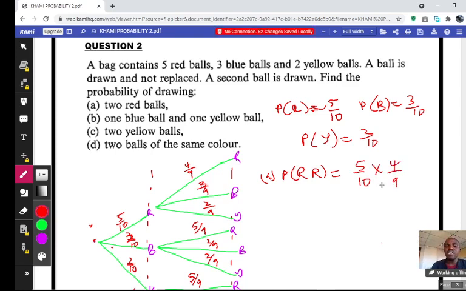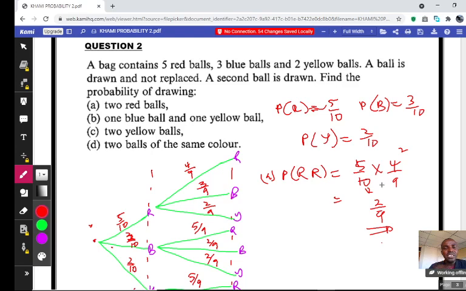Then if we can simplify 5 over 10 times 4 over 9, what do we get? Here 5, 1, 5, 2, 2, 1, 2 into 2. So it will be 2 over 9. That's the final probability. Please take note. You need to simplify your answer.